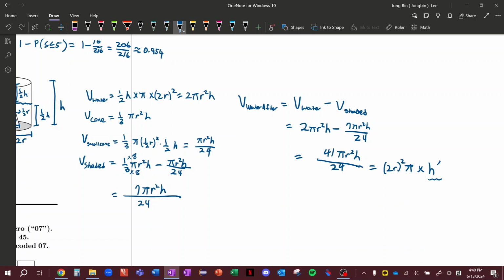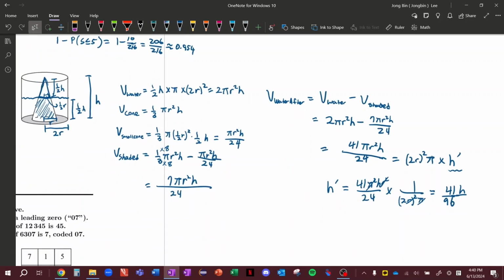If we divide both sides by 2r squared pi, we get h prime equals 41 pi r squared h over 24 times 2r squared pi, which ultimately gives us 41 over 96 because r squared gets cancelled and pi gets cancelled, and we get 41h over 96.